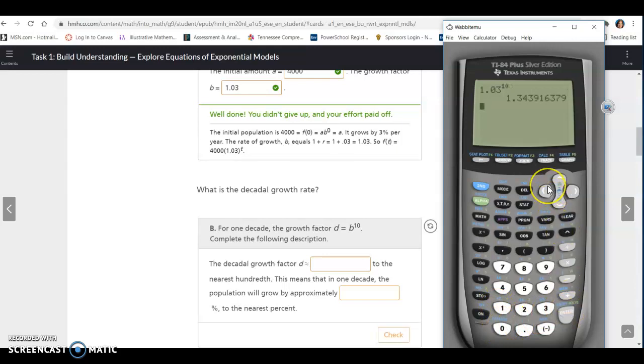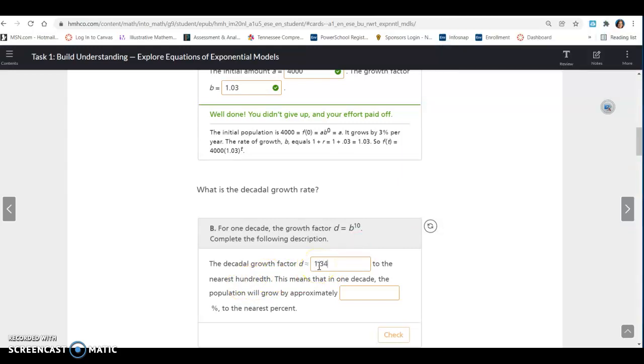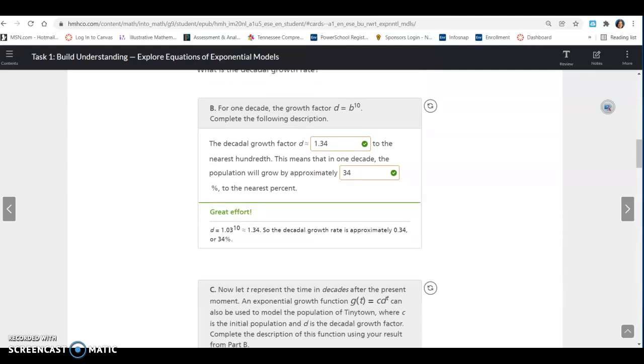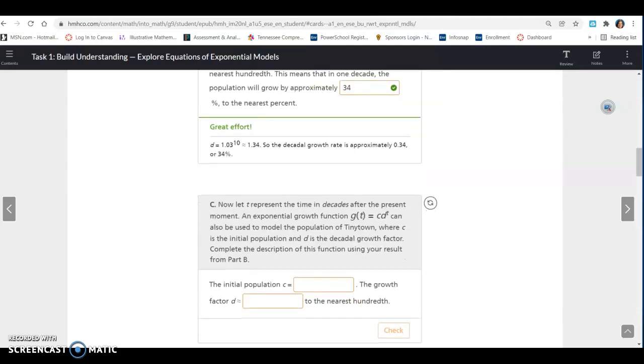That's going to be about 1.34. It says to the nearest hundredth, so 1.34. This means that in 1 decade the population will grow by approximately, and you can see here, 34%. And that's for a decade. A decade is 10 years.